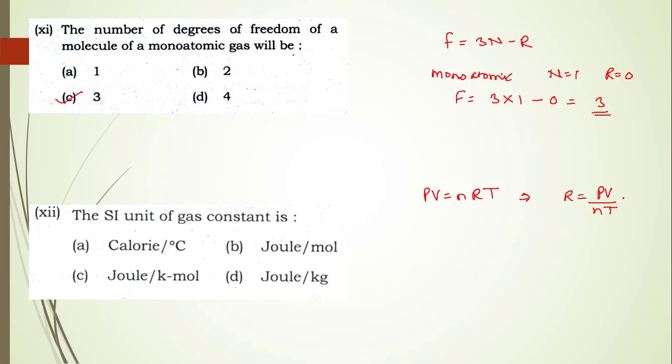Here P into V becomes work, so its unit is joule, n is in mole, and T is the temperature, expressed in Kelvin. So joule per mole per Kelvin. This is the right answer. So C is that.